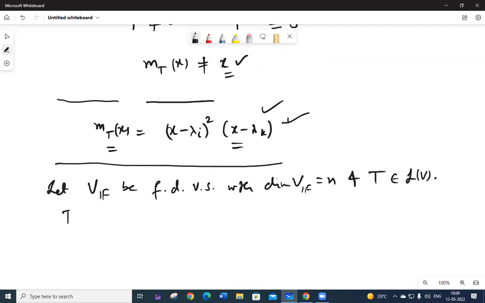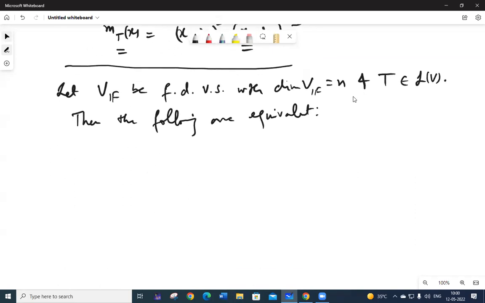Then the following are equivalent. Now we are coming to triangulable, so we are looking at the triangularization of an operator. One: C_T(x), the characteristic polynomial of T, splits over F.